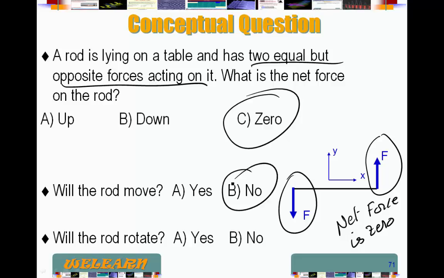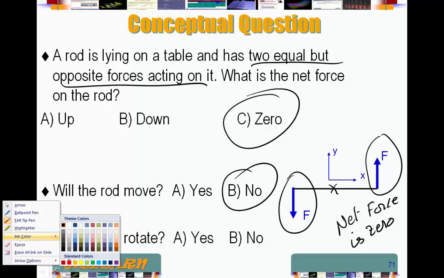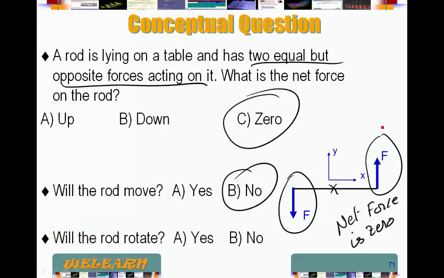Now, would the rod rotate? That's a different story. Okay, in this particular case, we don't have a pivot point, so we have to think in terms of the center of mass, which is going to be the center of the rod. F is going to result in a torque that's going to be equal to F times the lever arm.